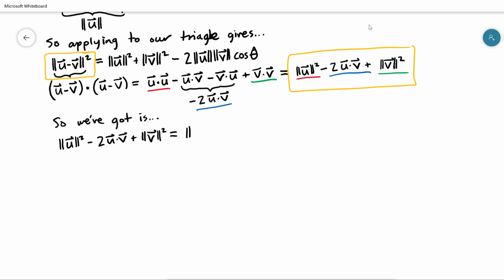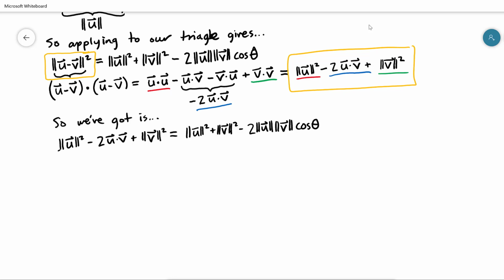I'm just copying this whole piece down. So magnitude of u squared plus magnitude of v squared minus 2 magnitude u magnitude v cosine of theta.